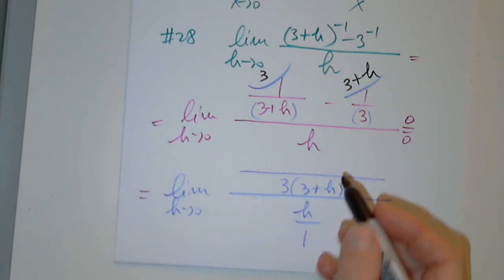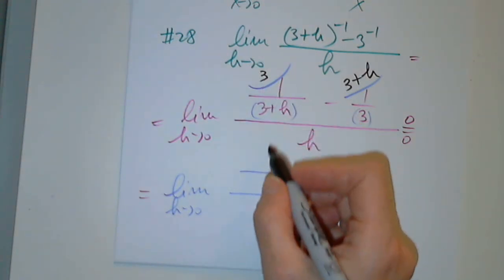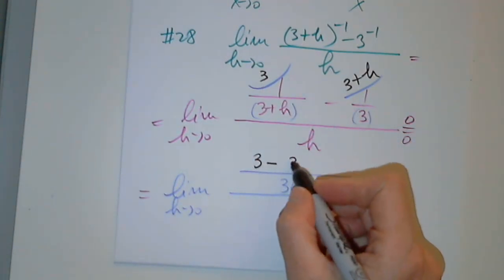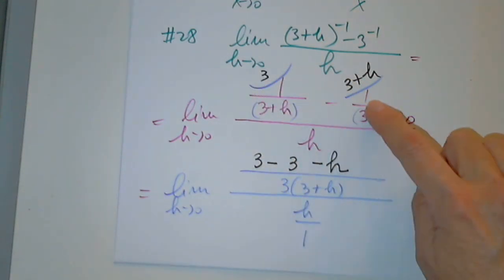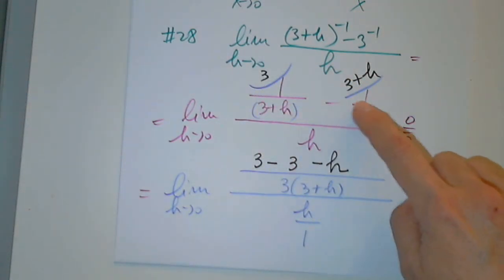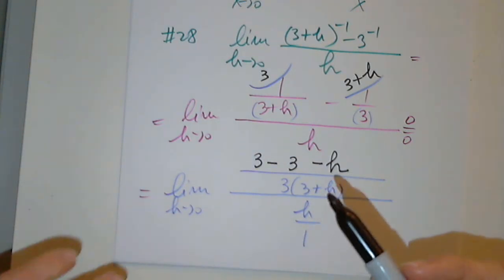Can anyone give us the numerator, please, step by step, slowly? 3 minus 3 minus h. Any questions about 3 minus h? Do we all see it? Mario, you see it? No. Okay, so 3 times 1 is 3, minus 1 times 3 is negative 3, minus 1 times h is negative h. Okay. Better? Yeah.